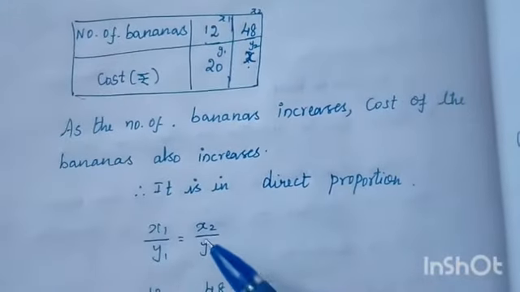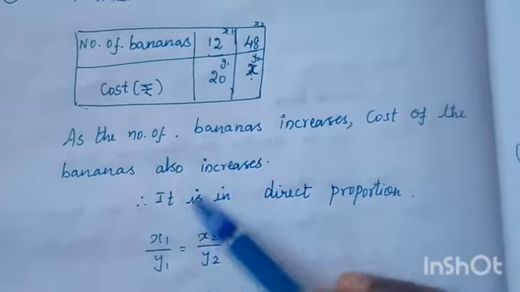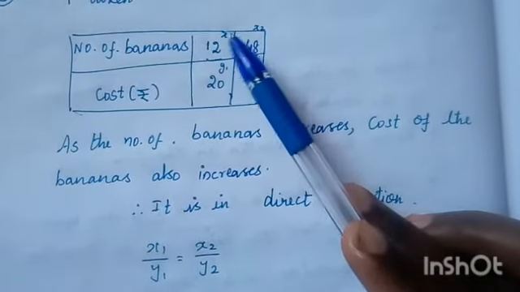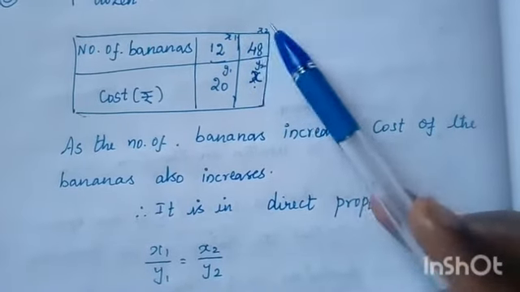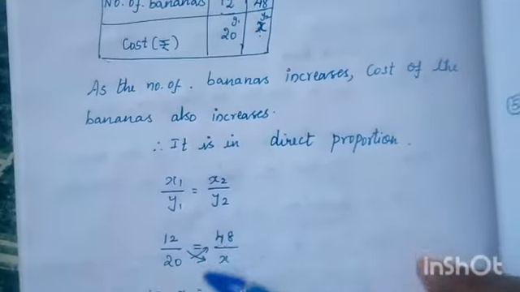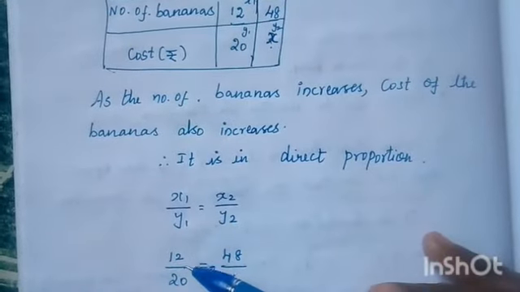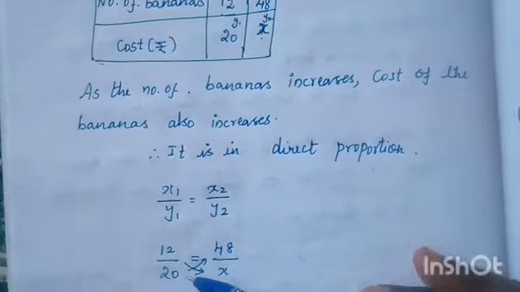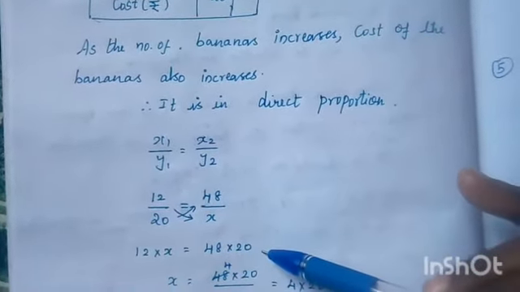Now the direct proportion formula: X1 by Y1 equal to X2 by Y2. I am using a pen here, but you have to write X1, Y1, X2, Y2 with a pencil. That is 12 by 20 equal to 48 by X. Now cross multiply: 12 into X equal to 48 into 20.